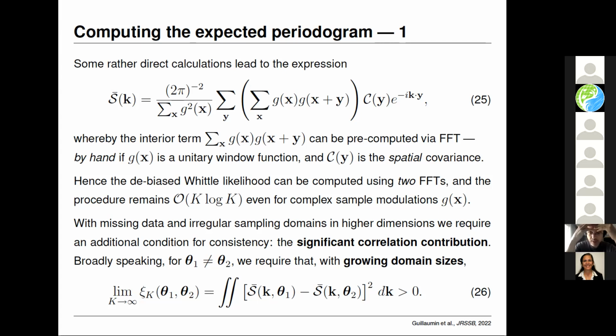What we require for this sort of procedure to work the way that we advertise is for there to be some remaining identifiability as the grid grows. So if we had two different spectral densities with theta 1 and theta 2, and we had a sequence of grids with increasing sizes k, then in the limit of this growing domain asymptotic regime, we still maintain a diagnostic difference between those blurred spectral densities.